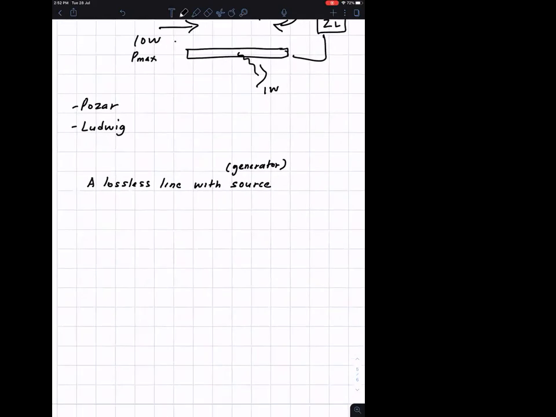A lossless line with source and load impedances.